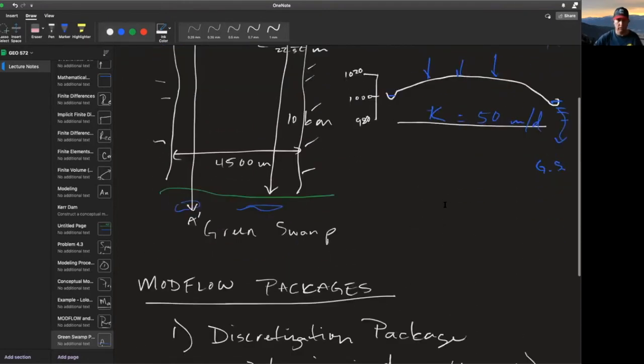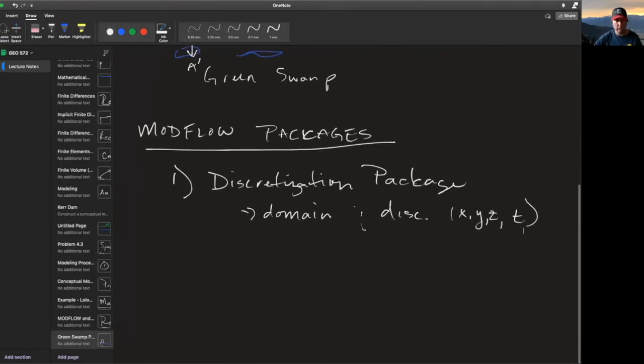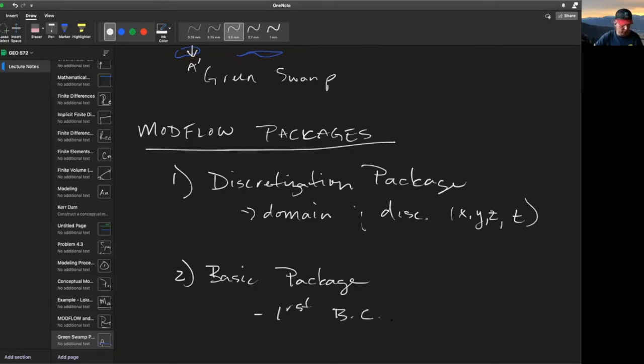All right. The second package we're going to use is the basic package. You can think about this as our first boundary condition step, and our initial condition.